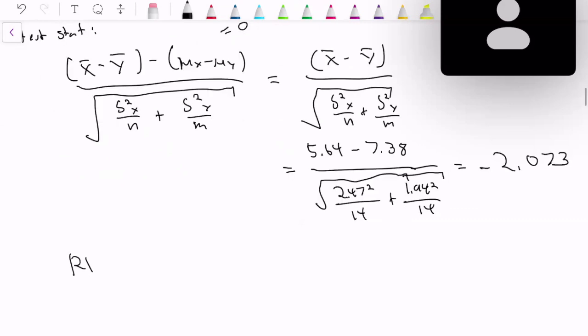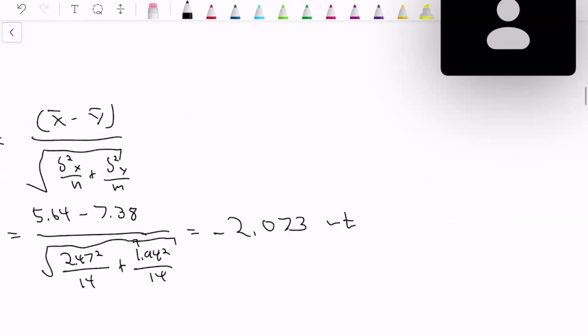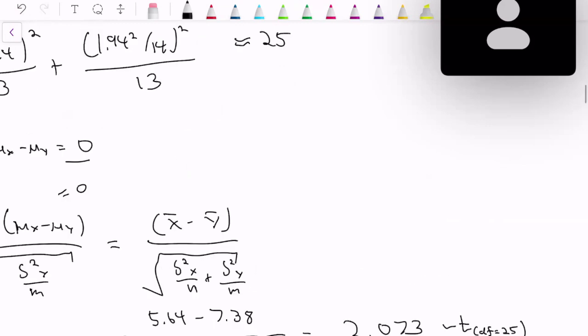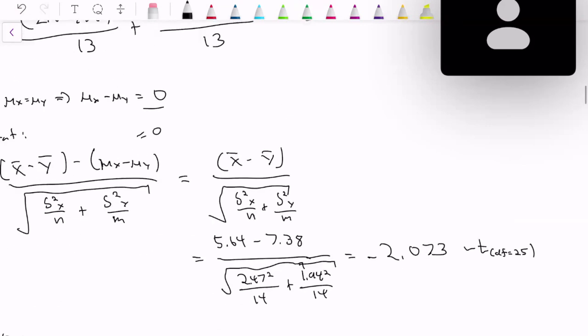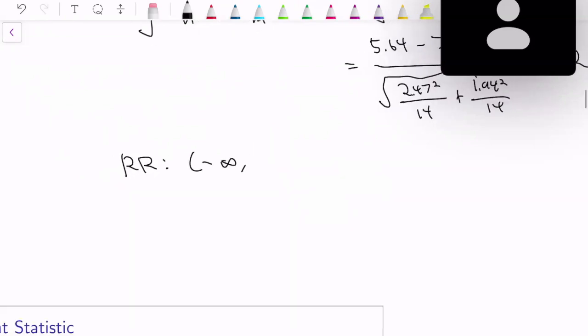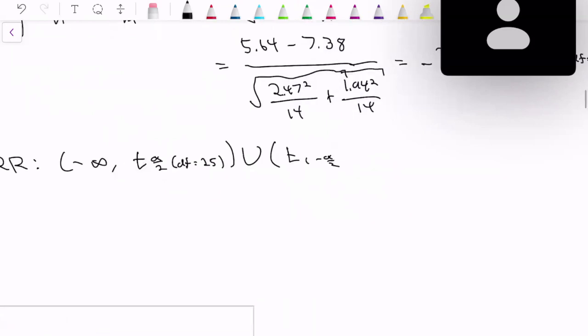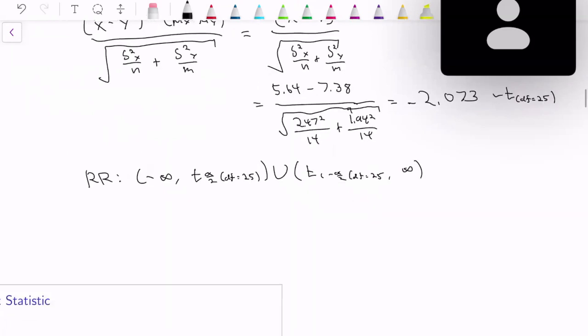So now we need the rejection region. Since this follows a t distribution with 25 degrees of freedom that we calculated earlier, we can now figure out the rejection region. So the rejection region is from negative infinity to t alpha over 2 with 25 degrees of freedom, union t 1 minus alpha over 2 with 25 degrees of freedom to infinity.